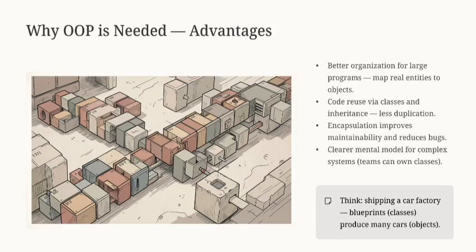Each class handles its own responsibility. Number two is reusability. Existing classes can be reused. This saves development time. Number three is maintainability. Changes become easier because code is organized. Number four is real world mapping. OOP allows programmers to model real world entities naturally.